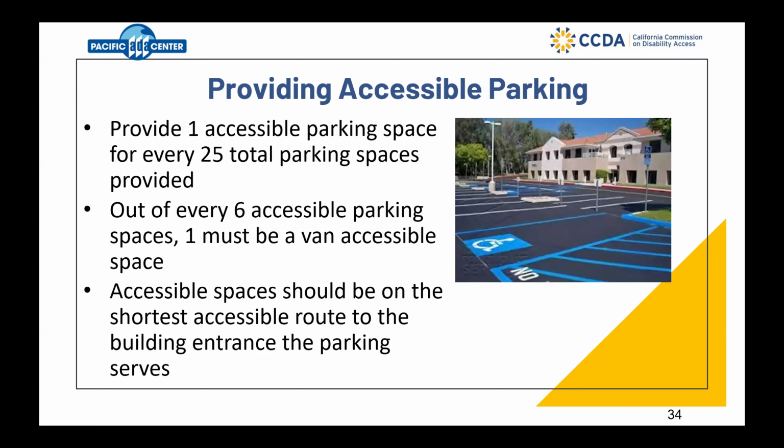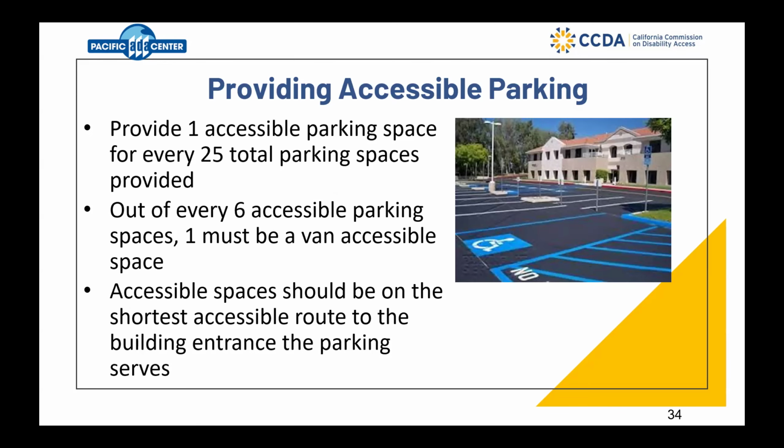So let's start to look at some of the specific areas of what the survey found that were problematic for accessibility violations. So you must provide accessible parking if you provide parking. And if you do, you have to provide one accessible parking space for every 25 total parking spaces that you have.